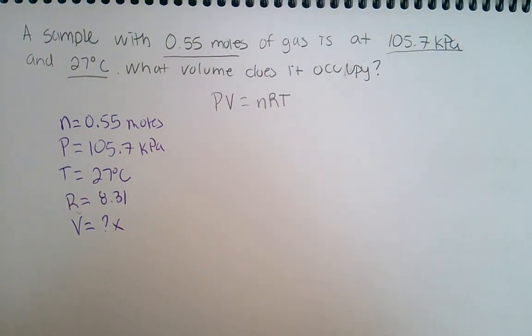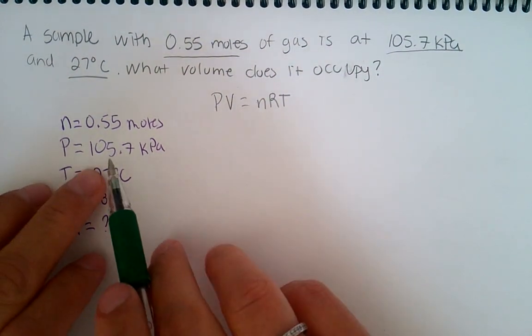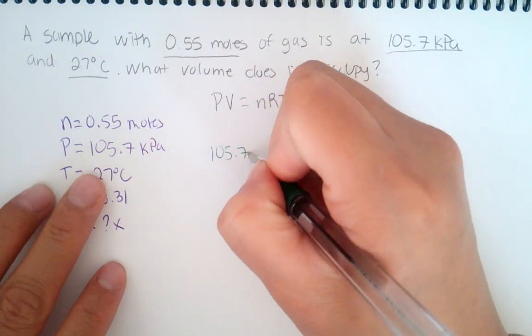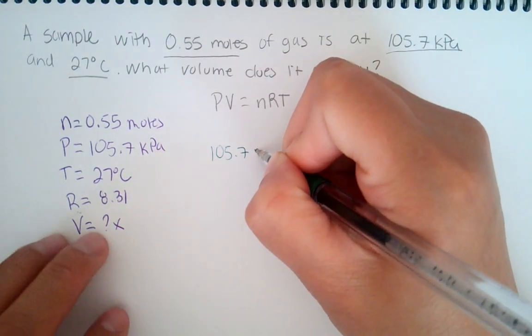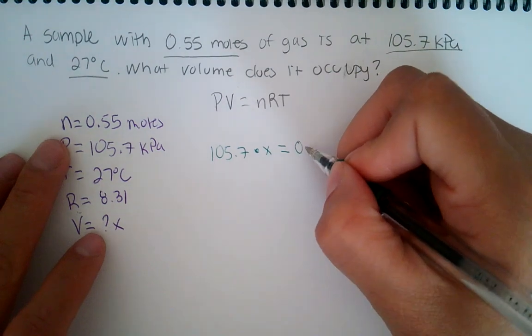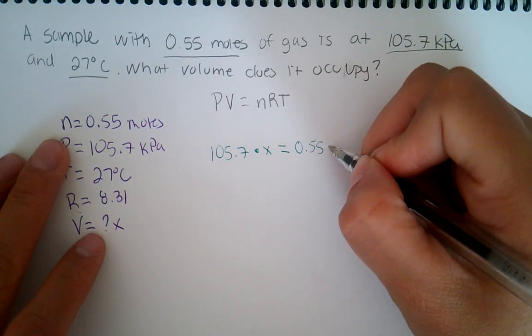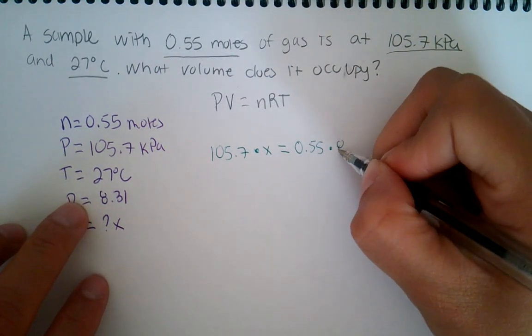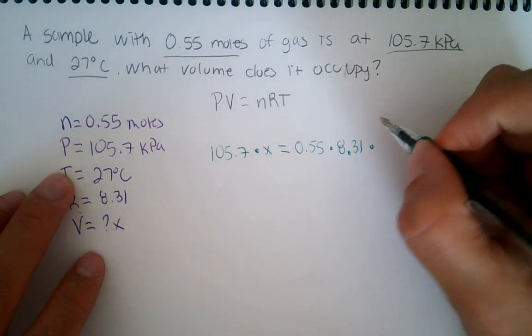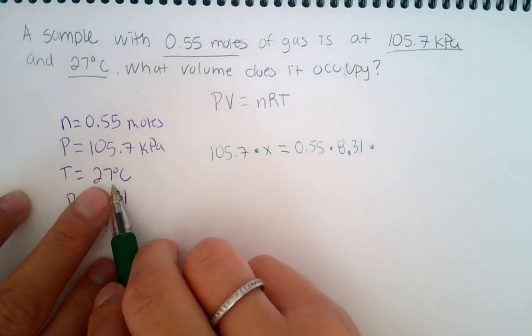So let's start doing this problem. Pressure is 105.7 kilopascals. That's going to be multiplied times volume, which is going to be our x, which we don't know. n is going to be our moles. That's 0.55. R is going to be 8.31, and we're going to multiply that by T. Now, just a reminder, T is 27 degrees Celsius.